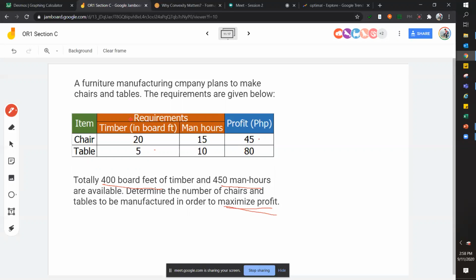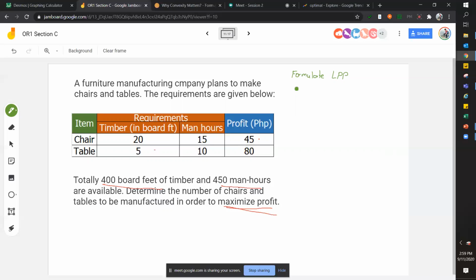Questions sa problema? Okay. Sige. So once again, our goal is to formulate a linear programming problem here, or LPP. Ngayon, may problema ba kayo sa data? Again, I don't want just for you to solve it.